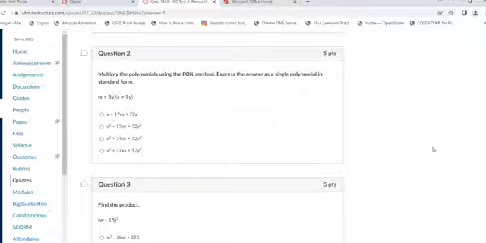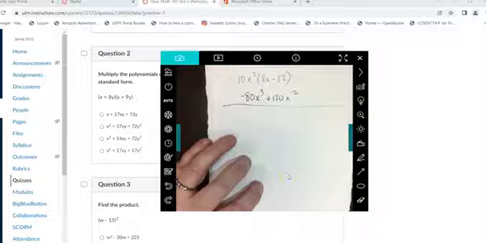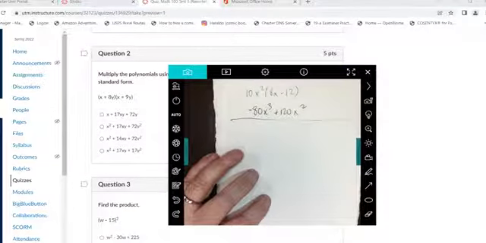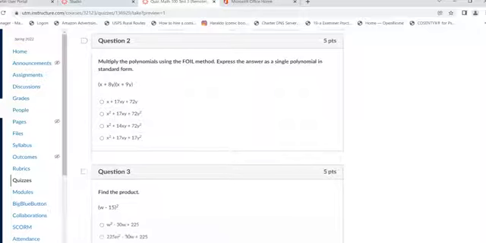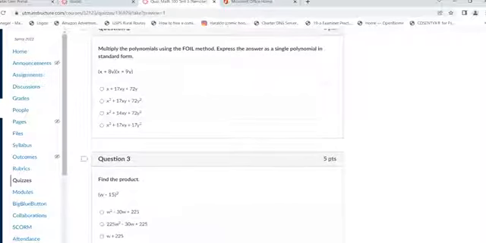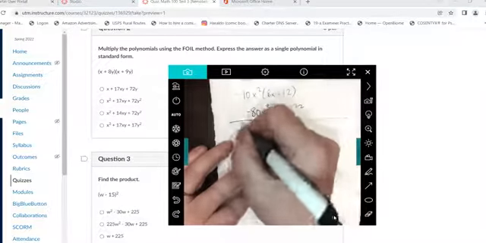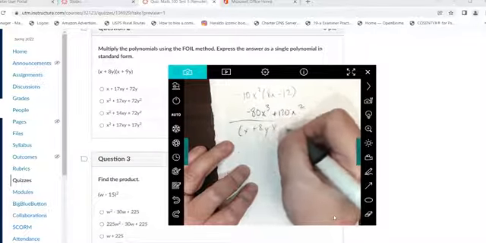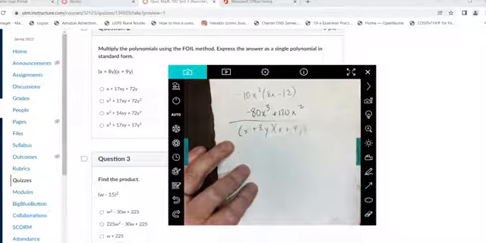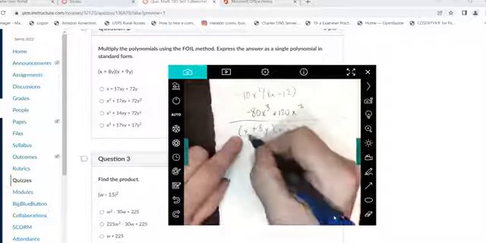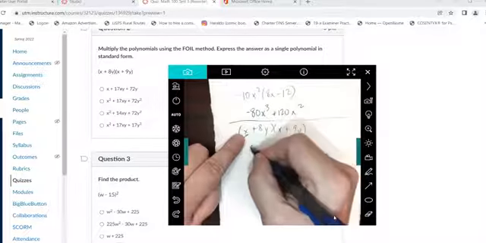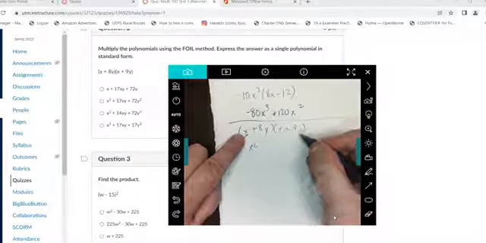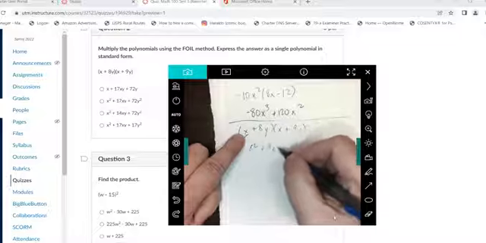Okay, now the next one, we want to multiply those using the FOIL method. Okay, so x times x is x squared, and x times 9y is 9xy.